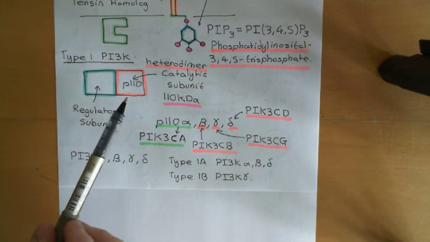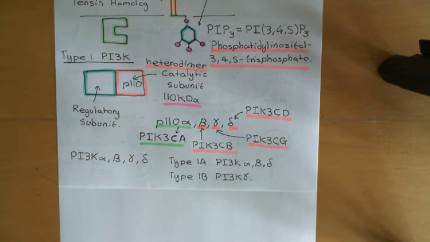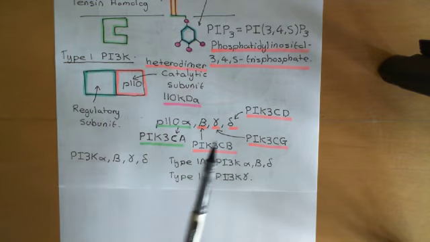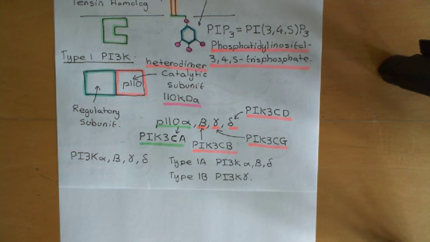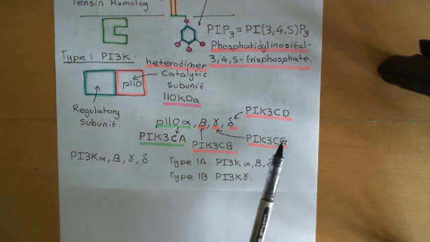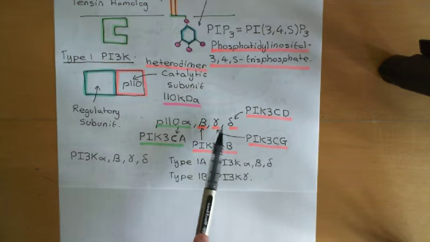Okay, and the catalytic subunit, there are 4 different possibilities which are called the P110 proteins. So there's P110 alpha, P110 beta, P110 gamma, and P110 delta. Okay, and these are coded for by genes which are called PIK3C for catalytic subunit, and then you have the corresponding Roman alphabet letter for the Greek alphabet letter here.